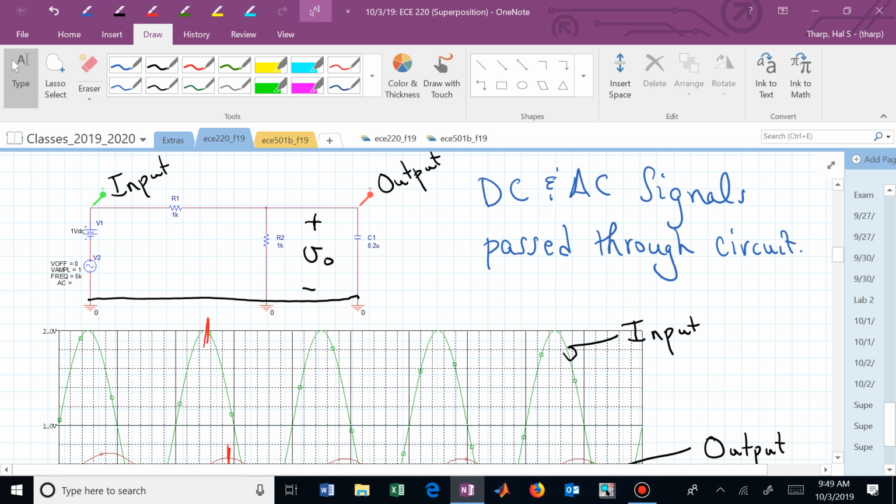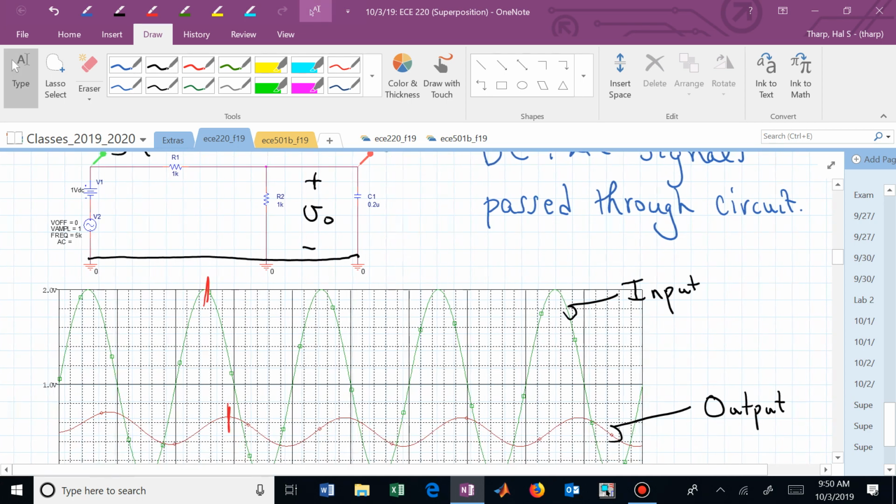They are aligned because you have only resistors in your circuit. You don't have these energy storage devices, capacitors or inductors, that allow this time delay or phase shift to occur. So this difference between the maximums is because of this capacitor right there.